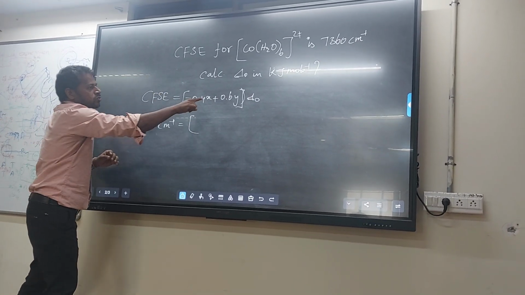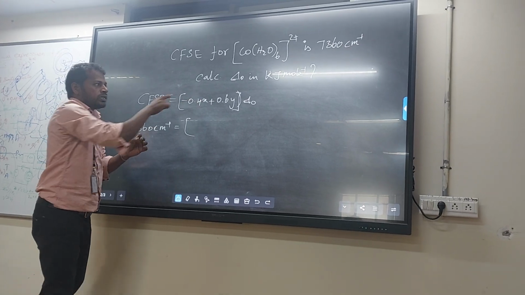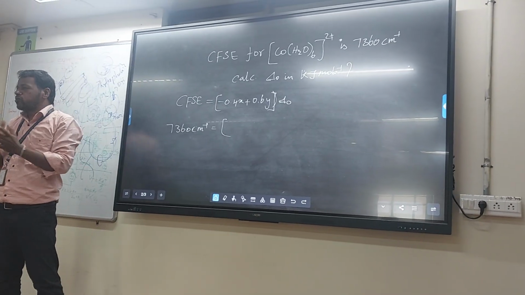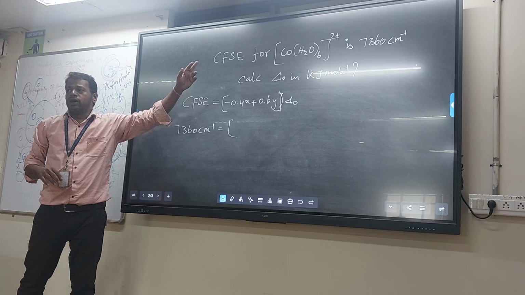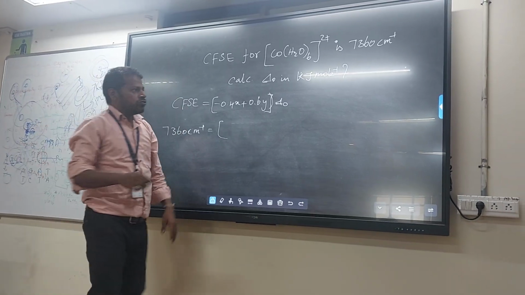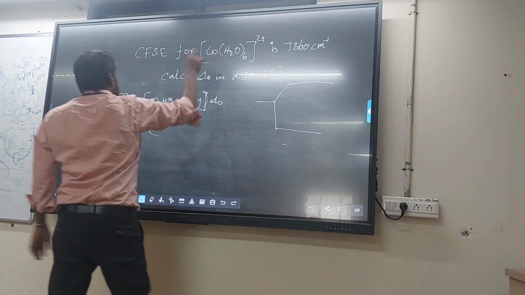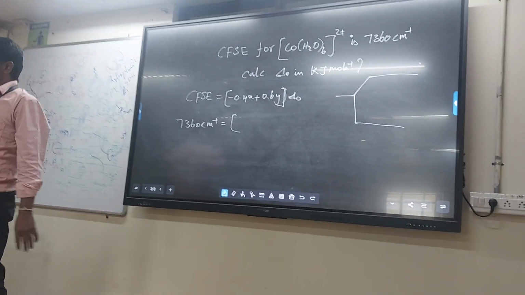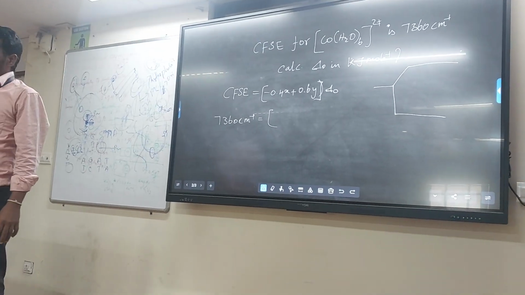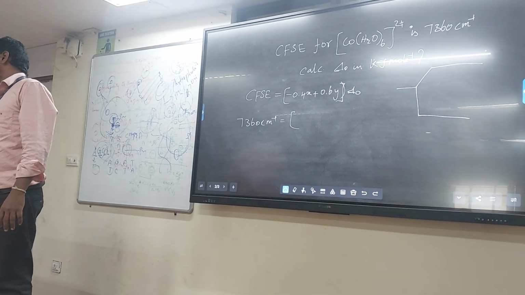So if you want to know the x and y, you must know about the splitting of d orbital. So here you can do the splitting of d orbital. So what is the atomic number of cobalt?